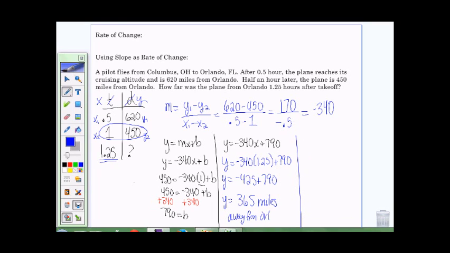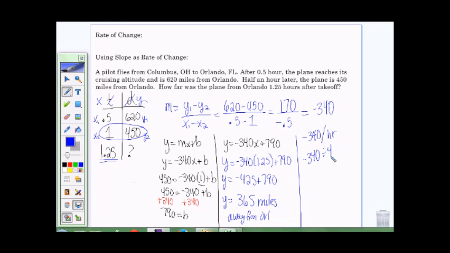The other way we do it is we found our slope is negative 340. That's 340 every 1 hour. So if I take that negative 340 and I divide it by 4, because I'm looking for quarter hours, because I have a quarter hour here. So I want to know how much in every quarter hour.